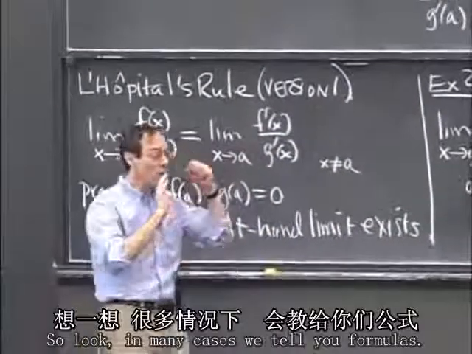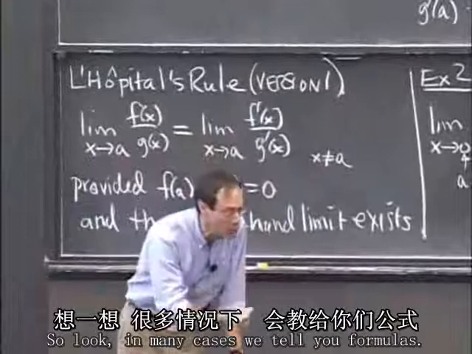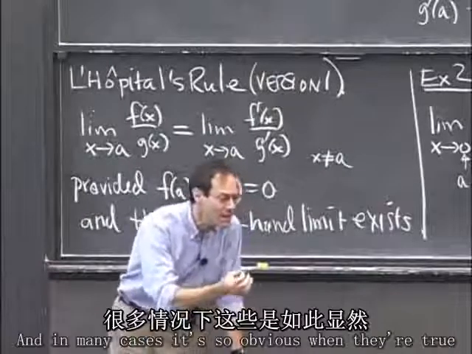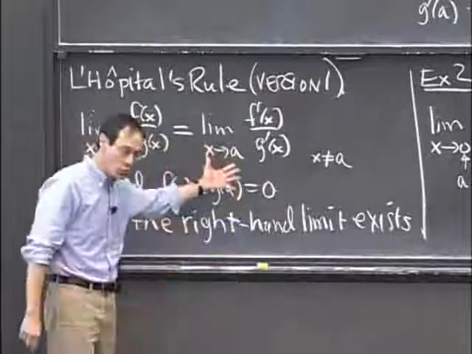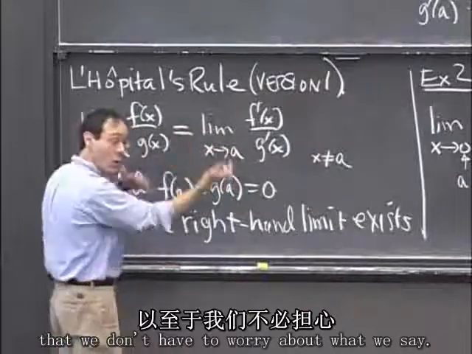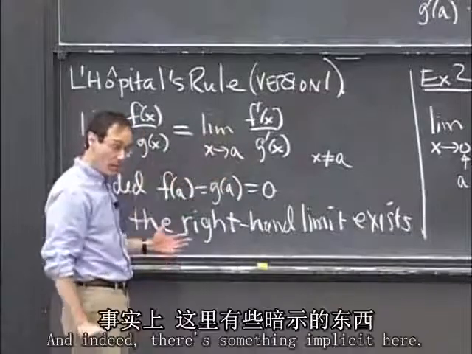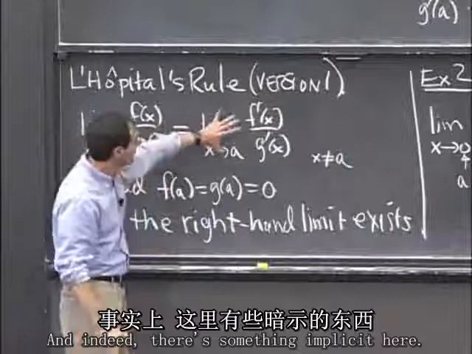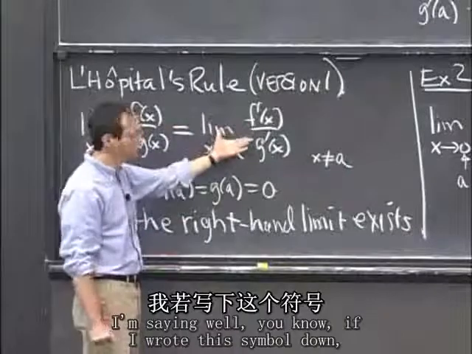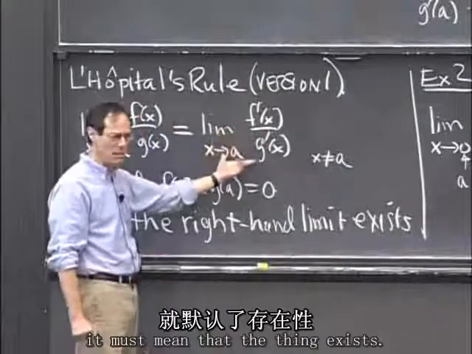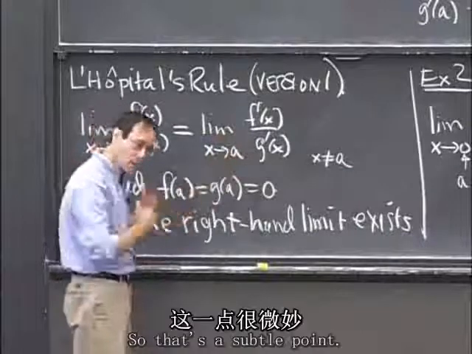So look, in many cases, we tell you formulas. And in many cases, it's so obvious when they're true that we don't have to worry about what we say. All right? And indeed, there's something implicit here. I'm saying, well, you know, if I wrote this symbol down, it must mean that the thing exists. So that's a subtle point.